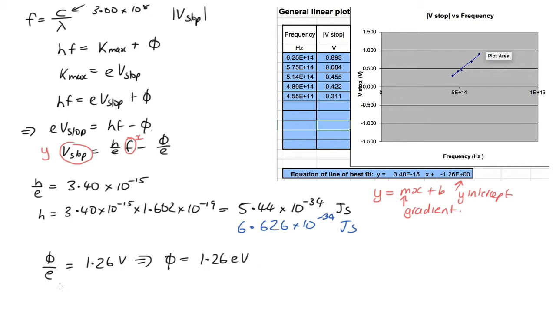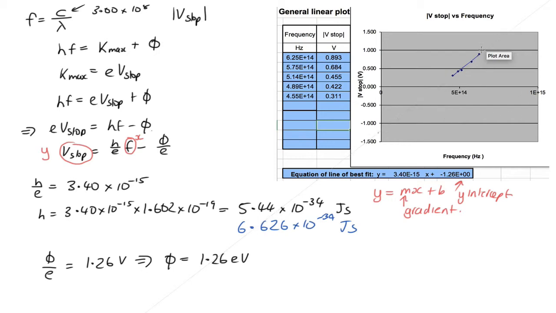Now the other thing that it can be interesting to work out is the cutoff frequency. So that's the frequency below which no electrons will be ejected from the metal. Okay, so we can look at where around about that will be by setting up our ruler here.